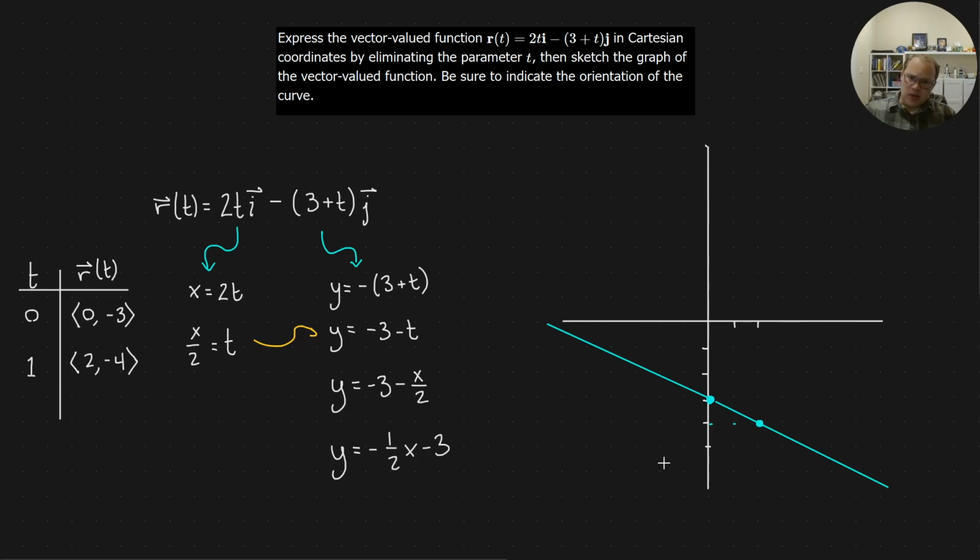Now, I should emphasize that this isn't perfect. By using this, we actually lose some information. That parameter t describes motion, right? It's not just a static line. It tells us which direction we're going in and how fast, if we think about it as a time variable. And just like you can't take a picture of a static car and know all the details about its path, you don't know how fast it's going, whether it's going forward or backward or moving at all.